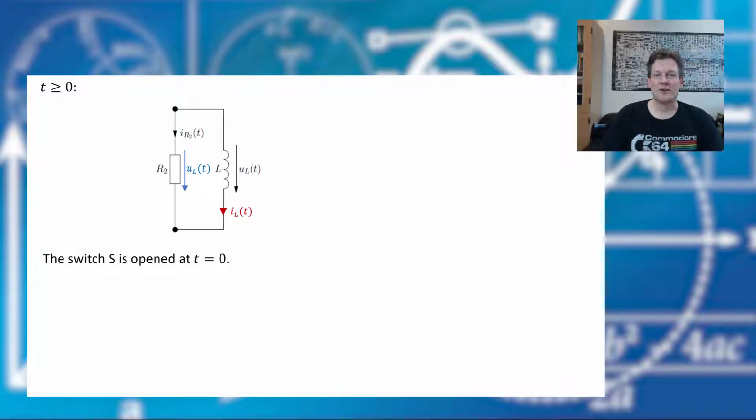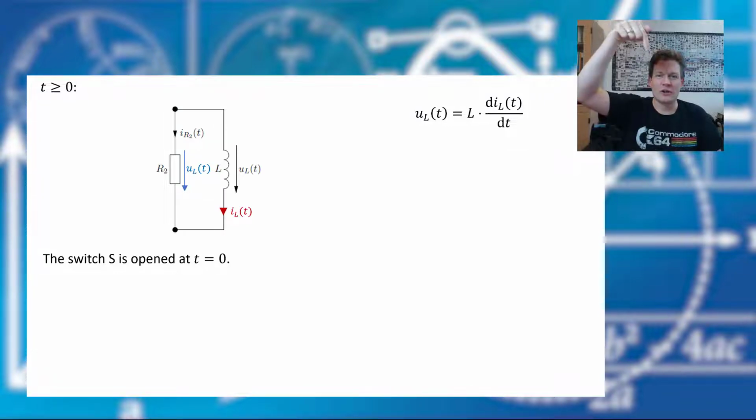We have two unknowns, the current and the voltage. That means we need two equations, and those are our element equations. So we have the element equation of the inductor and we have the element equation of our resistor. When we want to use the terms UL and IL, you see the voltage is directed upside down and the current flows upwards.